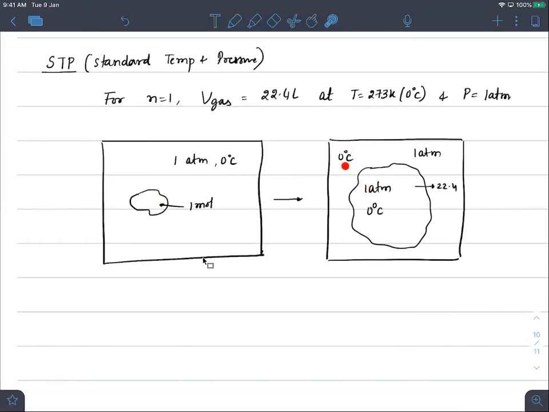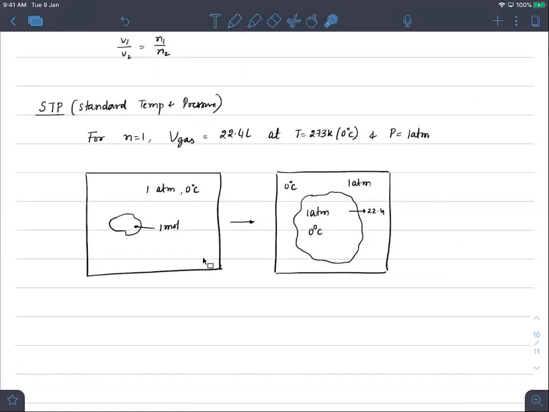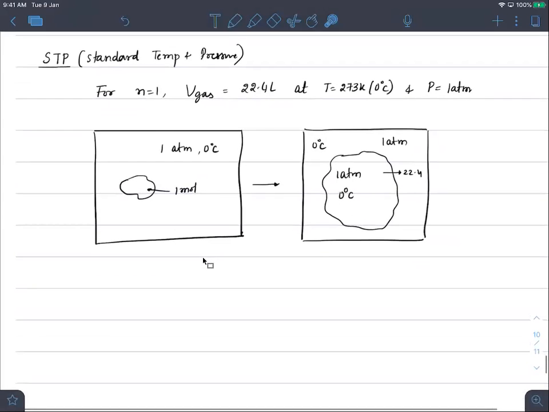So now you can see it is thermal equilibrium as well as mechanical equilibrium. So now it will stop inflation. Once the inflation has stopped, check out the volume. It would be approximately 22.4 liters. Okay.